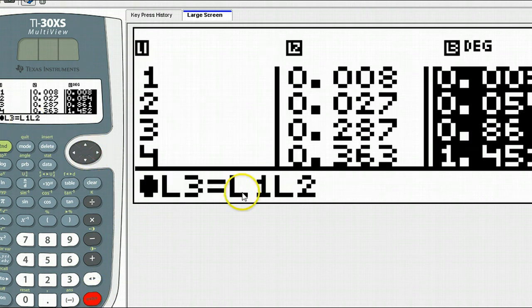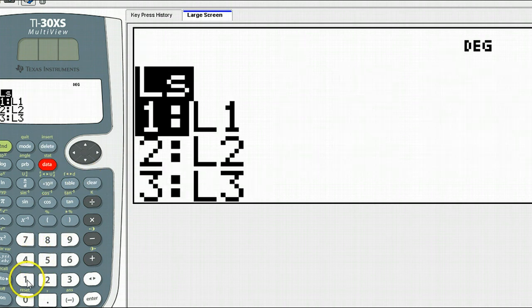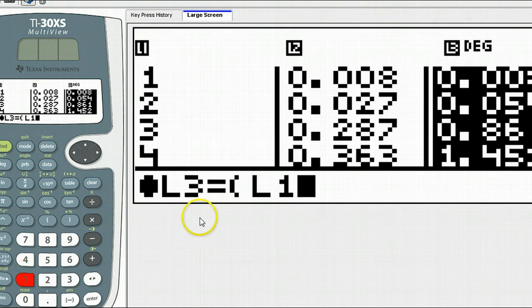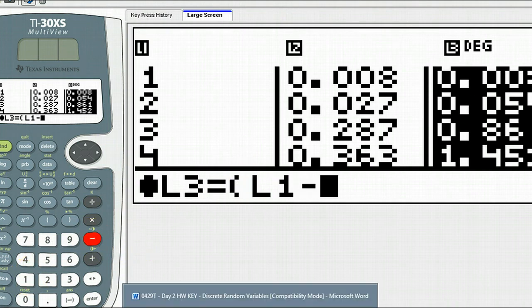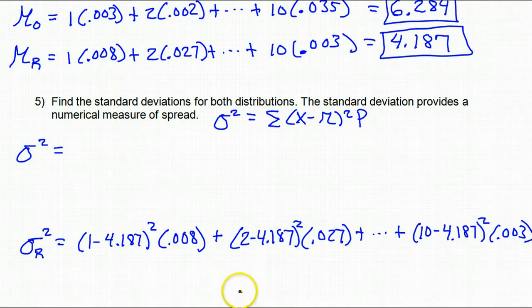Right now my formula says list 1 times list 2, so I'm going to clear that out and put in the variance formula, which is the x's, data list 1, because that's where my x's are, minus the mean, which is 2 point something, but I forgot, so I have to check.